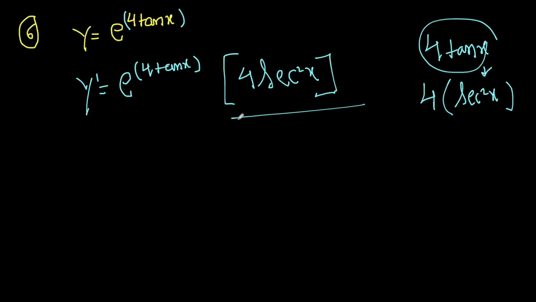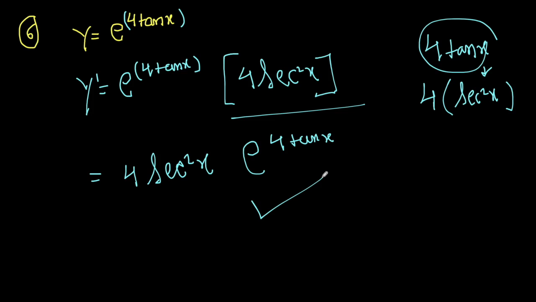We have to write this as a coefficient, so just rearrange this. You'll get 4 sec squared x e to the power 4 tan x. So this is your final answer.